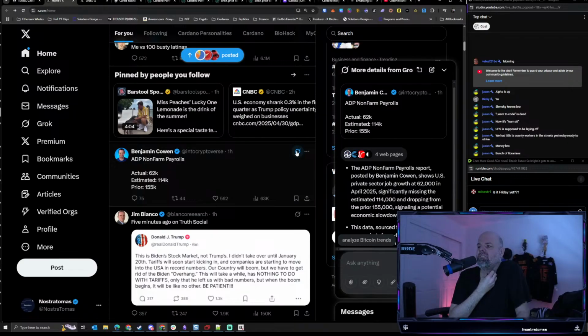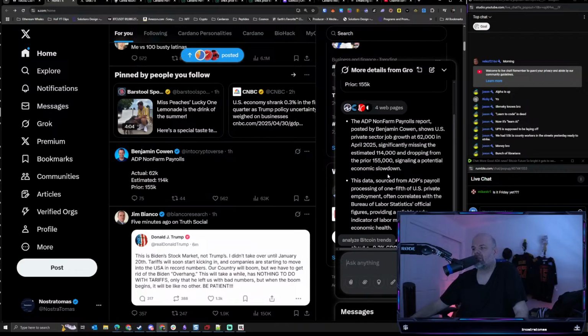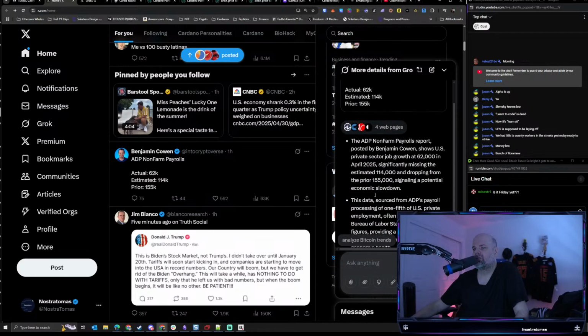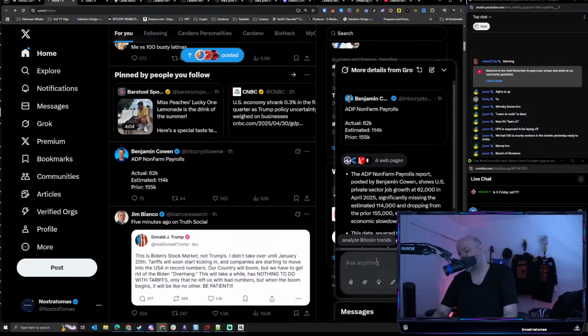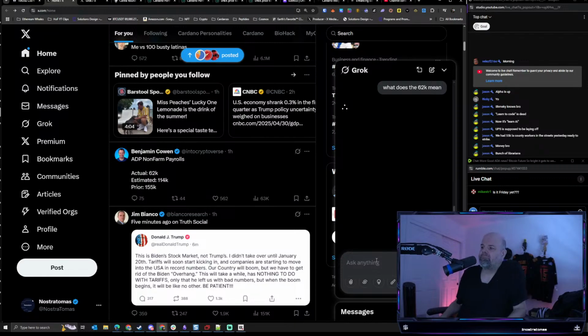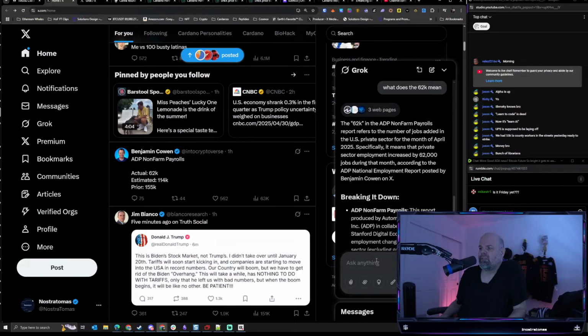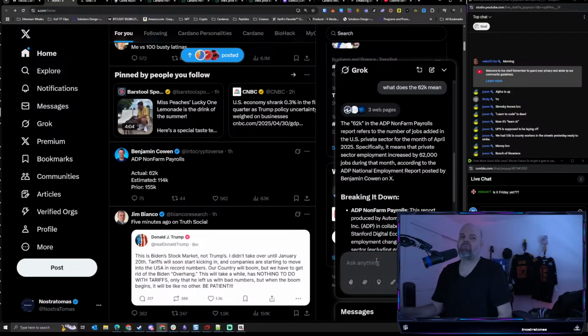Growth rate at 62,000, missing a potential economic slowdown. The number of jobs added. That means 62,000 jobs were added, but they expected 114.